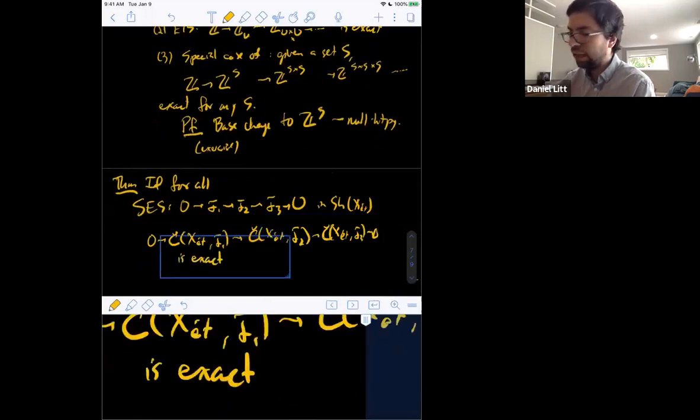If this is the case, then we get a long exact sequence in Čech cohomology, right? Just using the snake lemma.